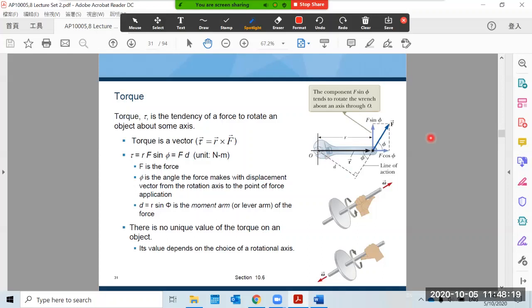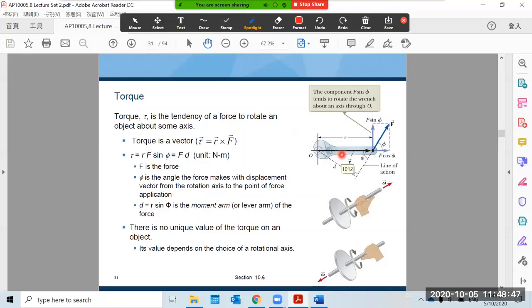So all these are considering the size of the turning effect, and that is the torque. Finally, there is one thing. This type of turning force, the torque, is a vector. So it could be generating a positive angular acceleration or negative angular acceleration.